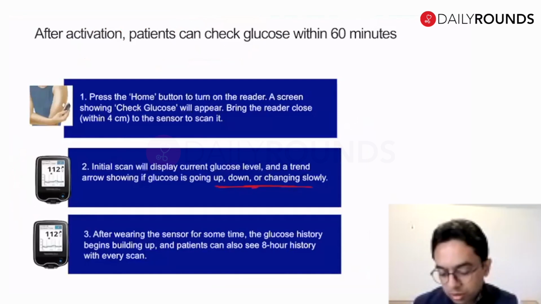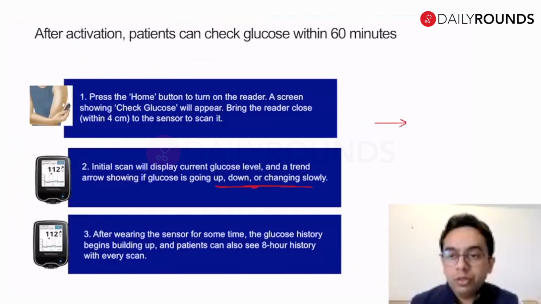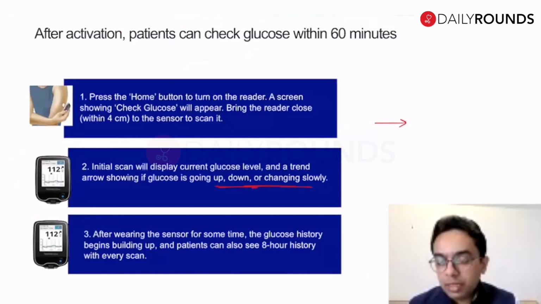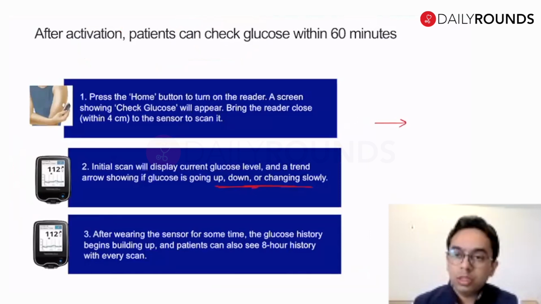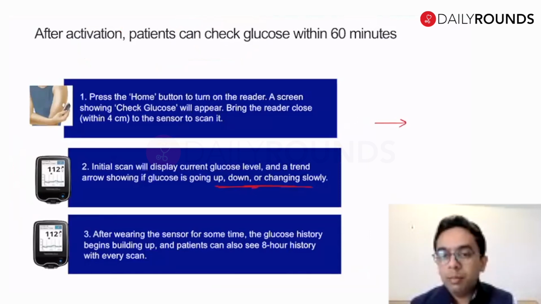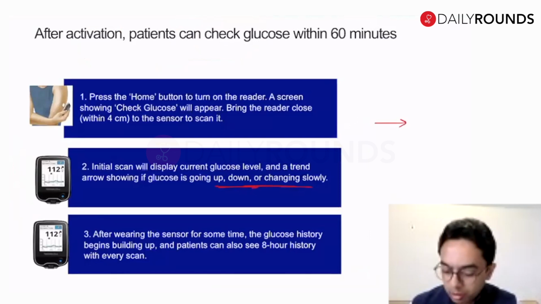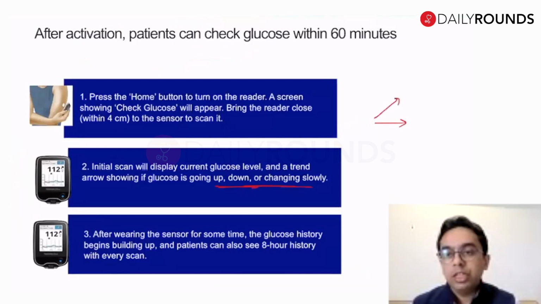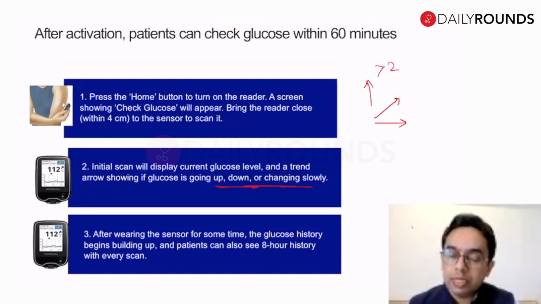If the arrow is straight to the right, that means the sugars are changing by less than 1 mg per dl per minute, whereas this means it is changing by 1 to 2. If this is right up 90-degree up, that means the sugars are changing by more than 2 mg per deciliter per minute. That means in the next 30 minutes the blood sugar of the patient is going to increase by 60.